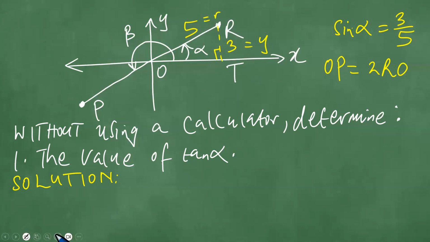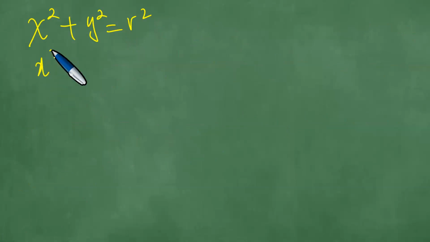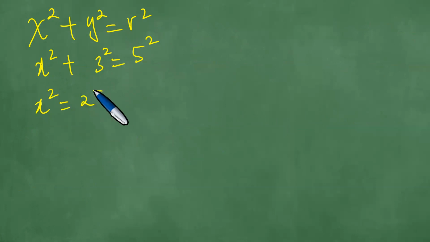R is 5 and y is 3, so we just need x. We already know y is 3 and r is 5, which means x squared is 5 squared, 25 minus 9. What is 25 minus 9?